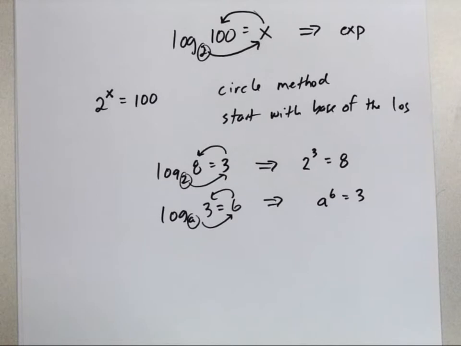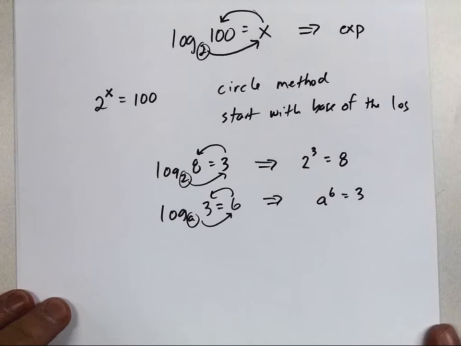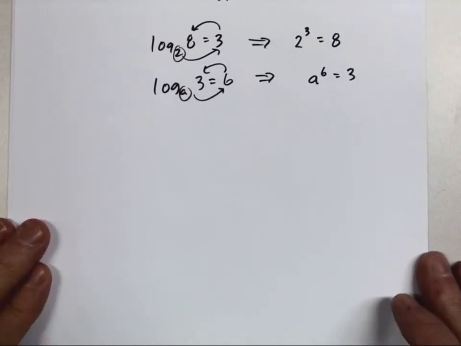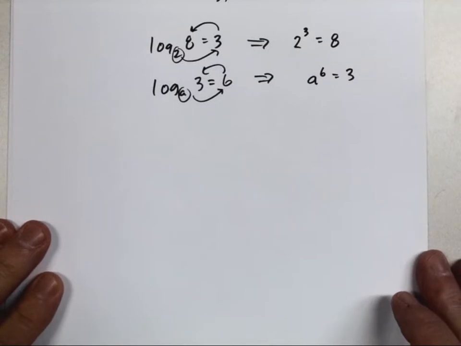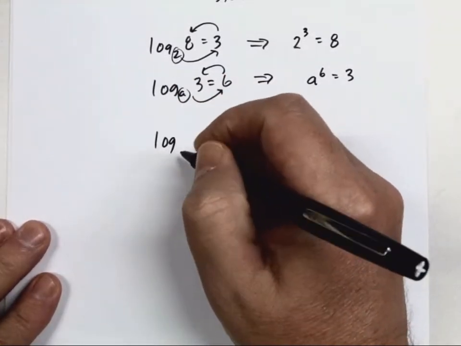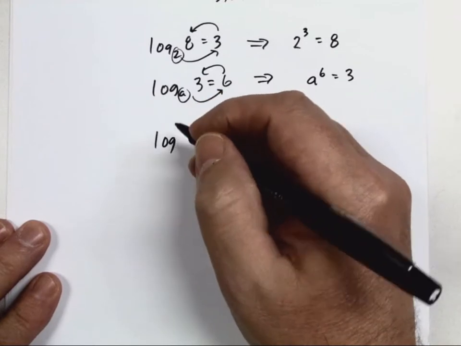Now, how does that play itself out in practical problems? Well, here's an example. In the homework, what they're eventually going to do is give you a bunch of log expressions, and they want you to calculate the exact value. I'm looking at some of the homework problems out of the book.